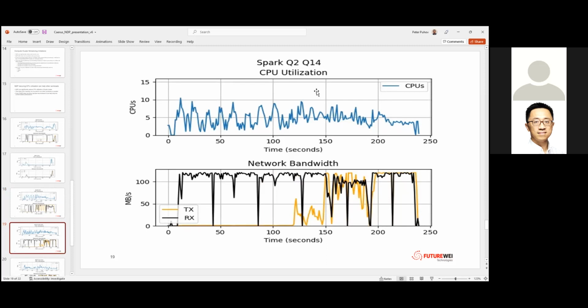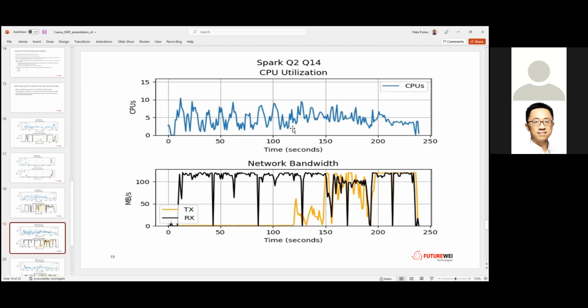So this graph shows how Q2 and Q14 run together on the pure Spark configuration. You can see that it takes 250 seconds to run them both together. There is reasonably, it's not very high CPU consumption.